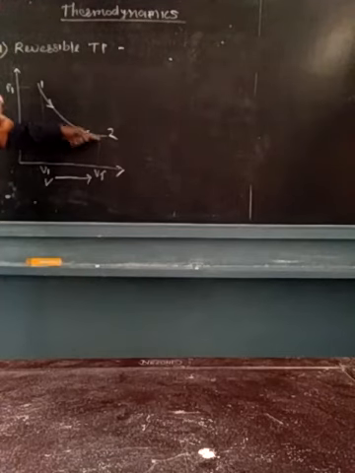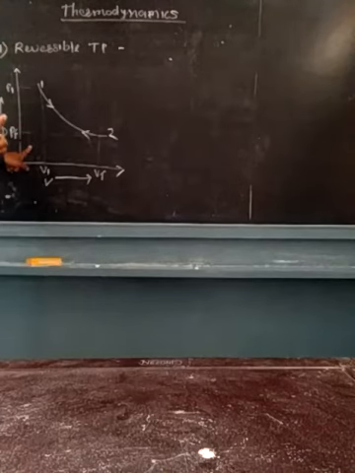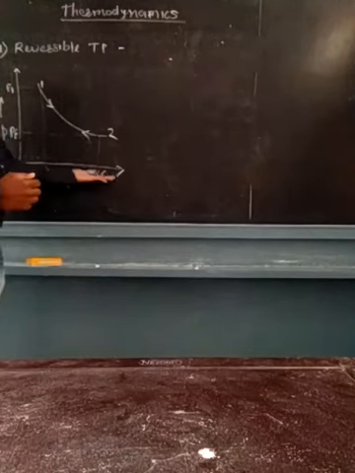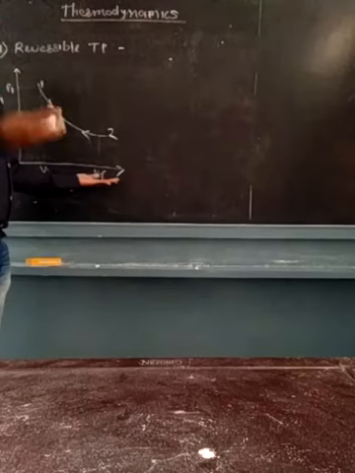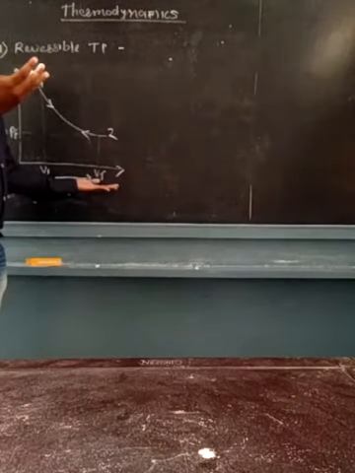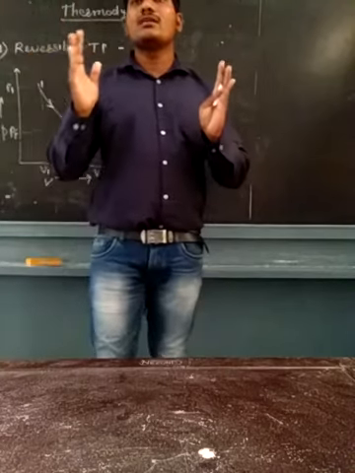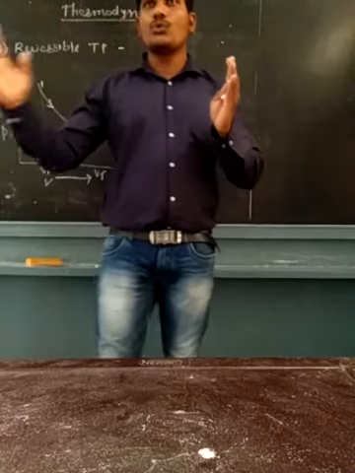Now as you can see here, there is a pressure drop from Pi to Pf, and there is also an increase in volume, from Vi to Vf. Pressure drop and increase in volume. So what we can say about the piston and cylinder movement: the movement of the piston is outward.